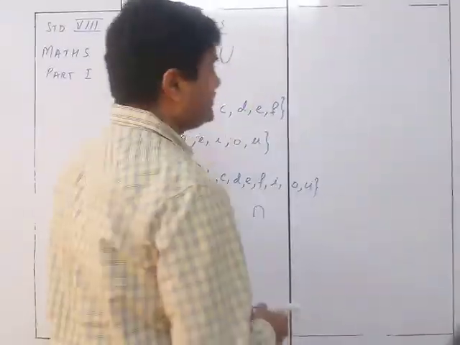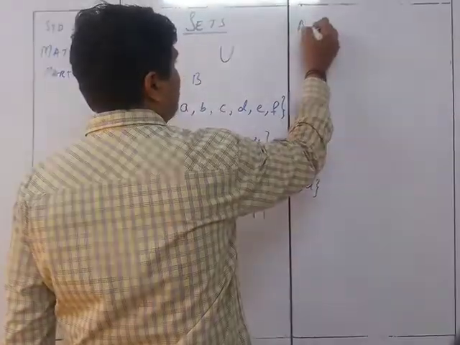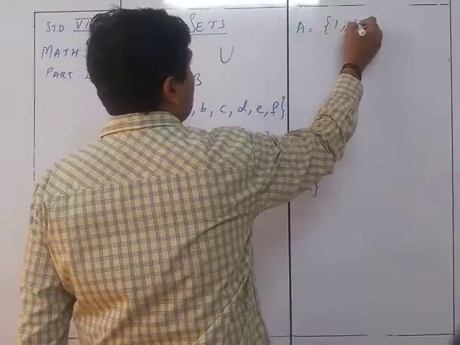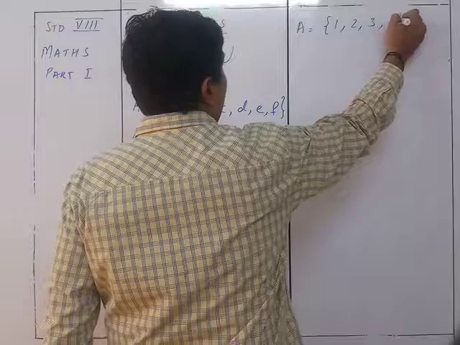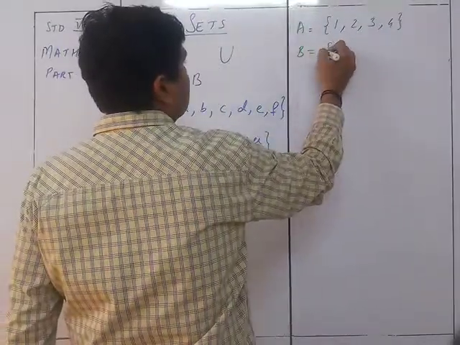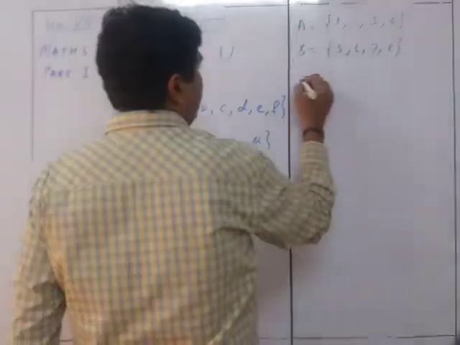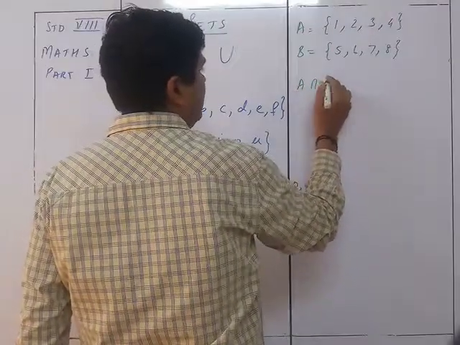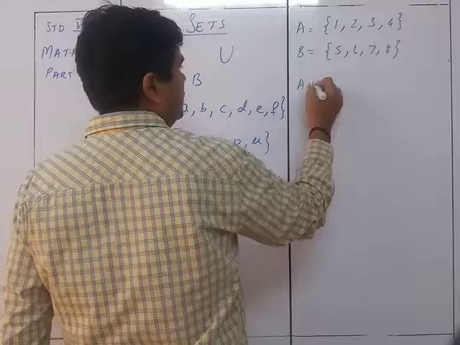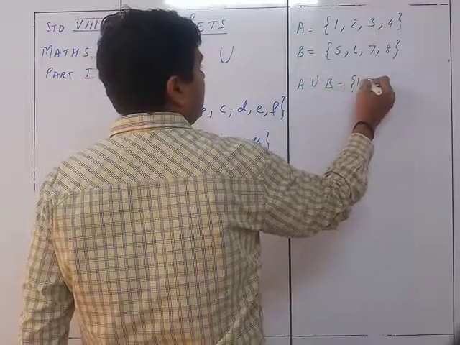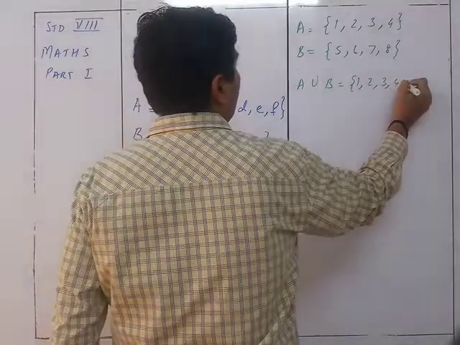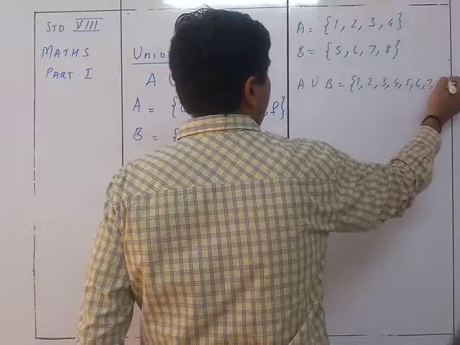But if it so happens that suppose A is 1, 2, 3, 4 and B is, let's say, 5, 6, 7, 8, then A intersection B, first of all let's take union also. Union will be 1, 2, 3, 4, 5, 6, 7, 8.